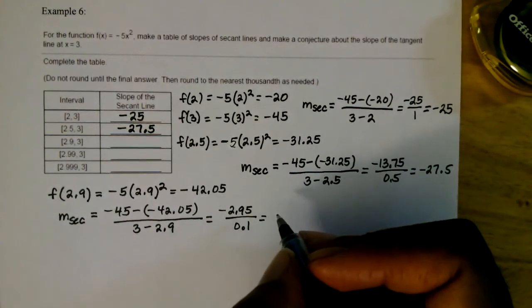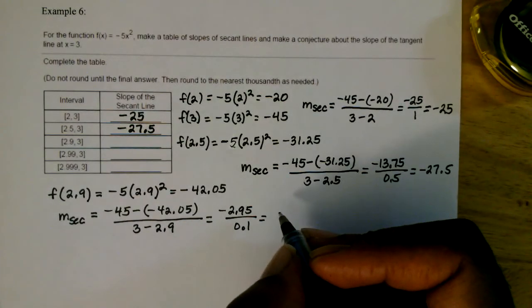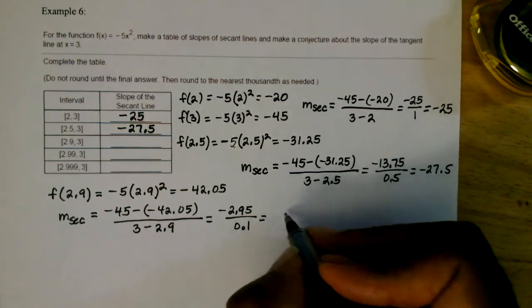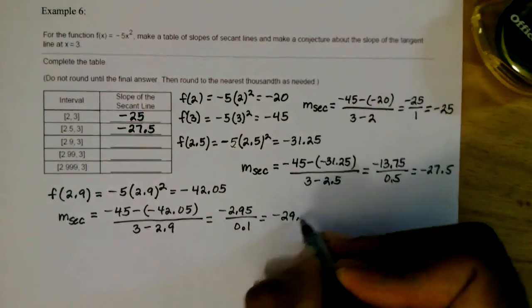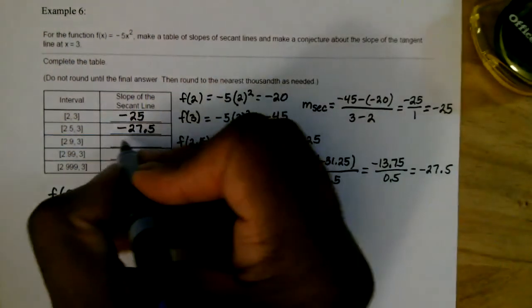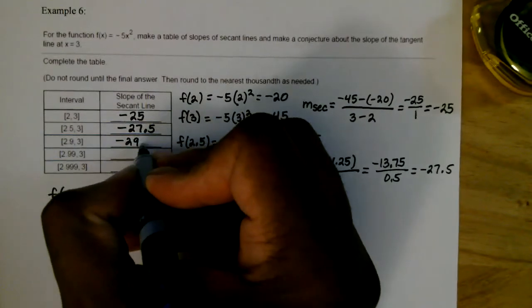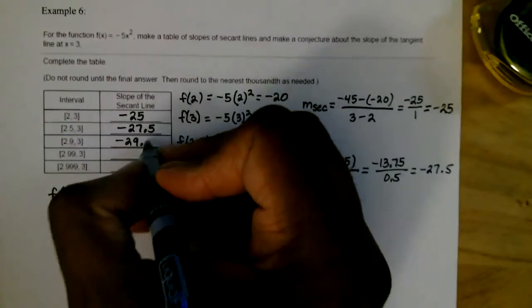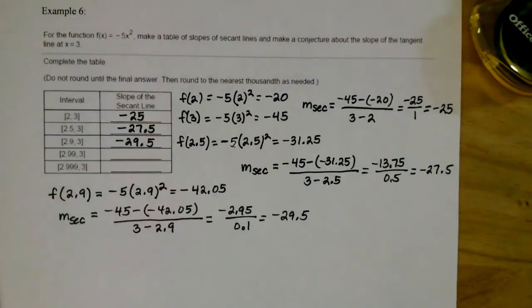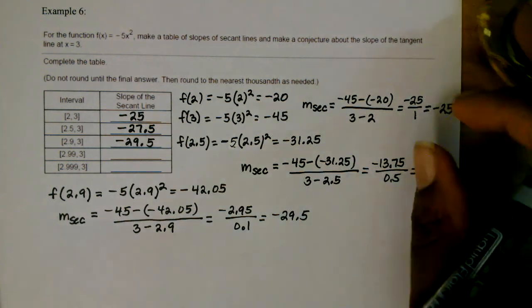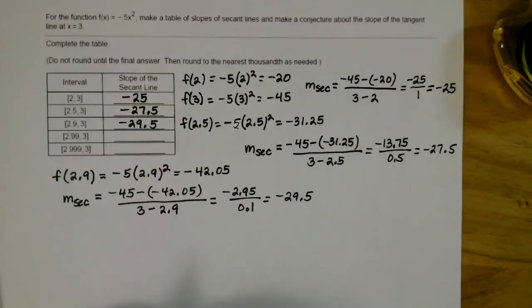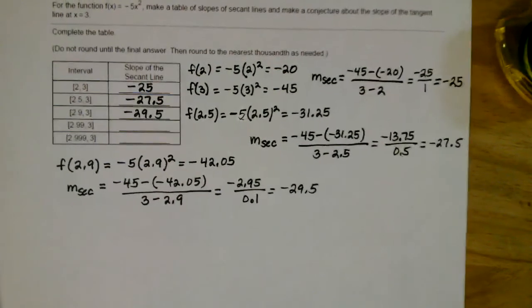And negative 2.95 divided by 0.1 would be negative 29.5. So you kind of see where the slope of that secant line is approaching when we get closer and closer to 3. All right, let's go ahead and finish these last two.